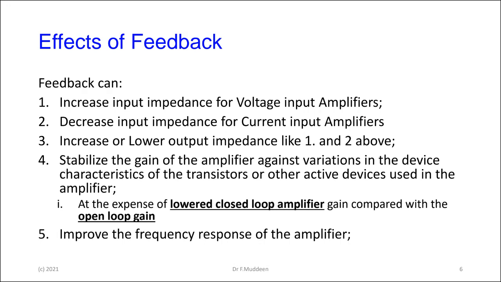So we said yesterday, and this is the more correct version of this slide, that feedback can improve the input impedance, but specifically, it will increase the input impedance for voltage amplifiers, those that take voltage in. You remember, it's always an advantage to have a high input impedance when you have voltage coming in, because the higher the input impedance is, the more of the signal voltage is going to be dropped across the input of the amplifier.